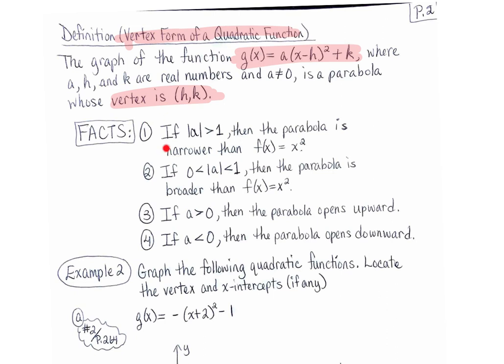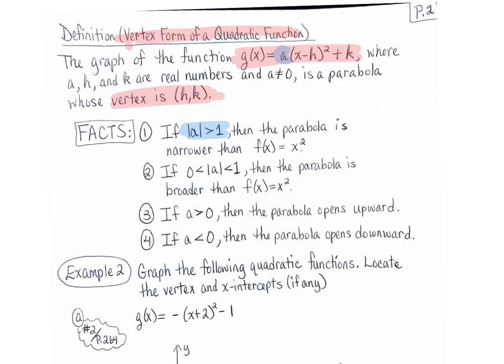Now, facts, very important. If the absolute value of a is greater than 1, so if you zoom in on this a, if the absolute value of a is greater than 1, then the parabola is narrower than f of x equals x squared.